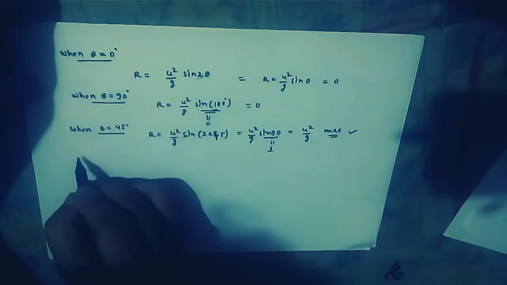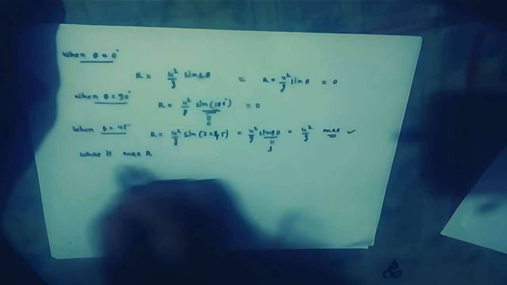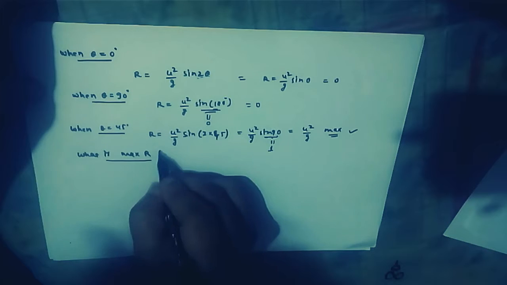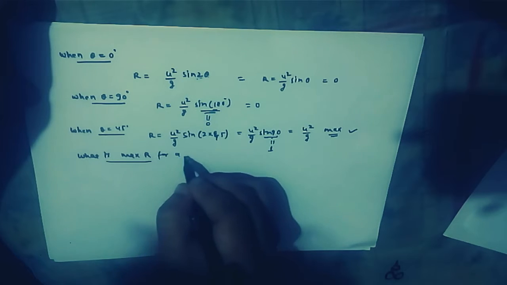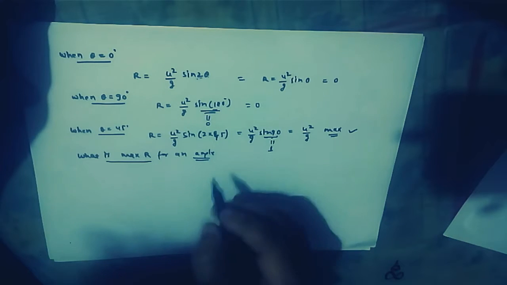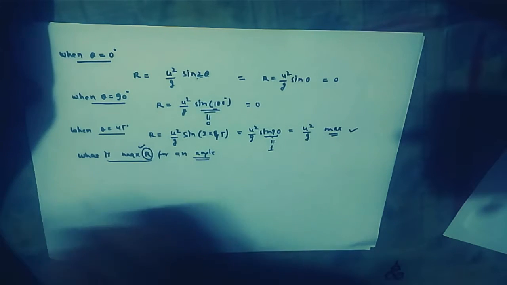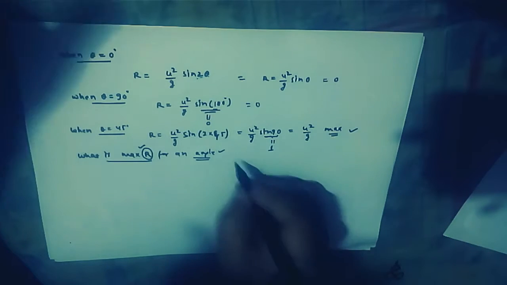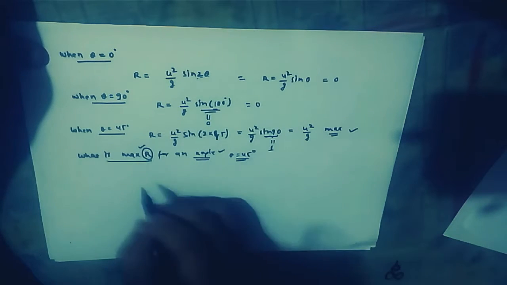So one can ask, what is the maximum R, or for what value of the angle R can be said to be maximum, suppose when the angle is 45 degrees. That suppose is what you are trying to find.